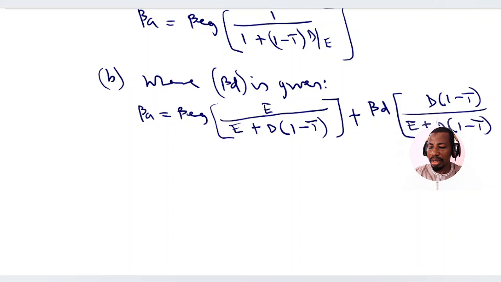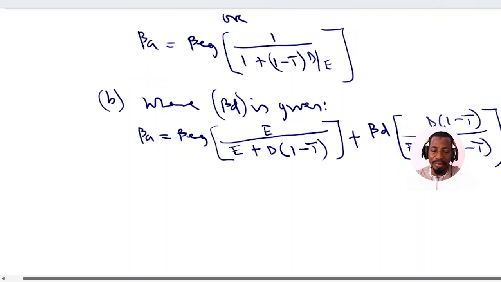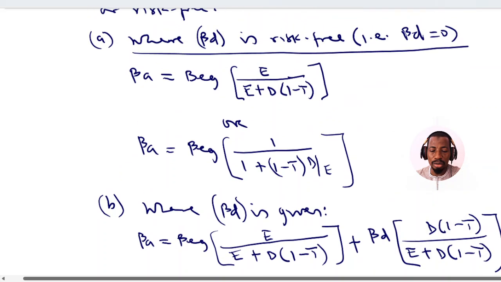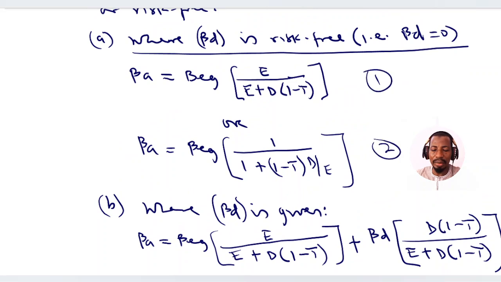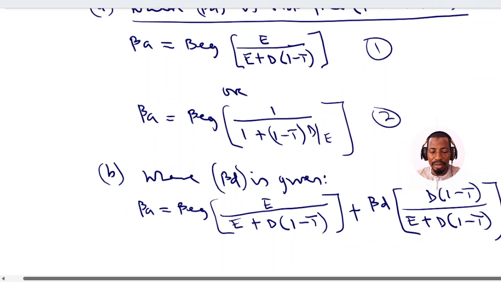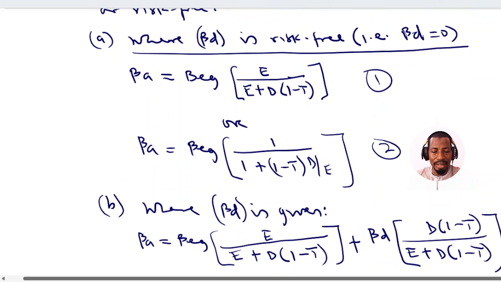So this is the big or extended formula that you are going to use to compute asset beta whenever debt beta is given. But where debt beta is assumed to be risk-free, then you can use either of these. Whether you use this or you use this, you are going to get the same answer. So this is how to calculate asset beta.